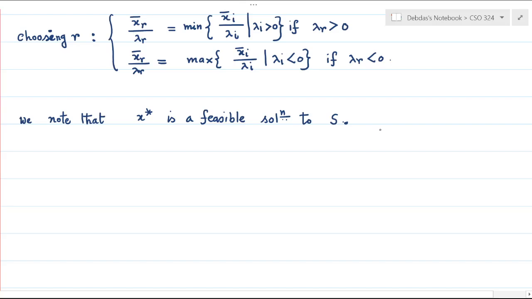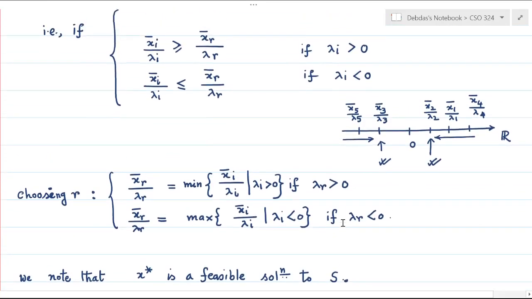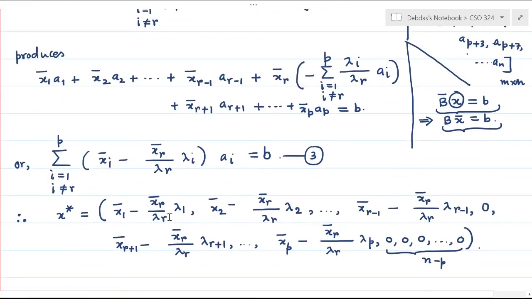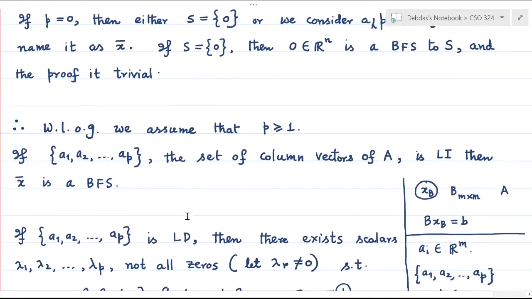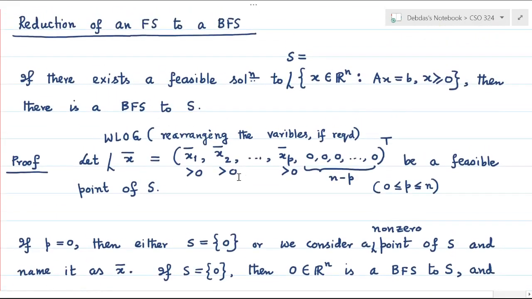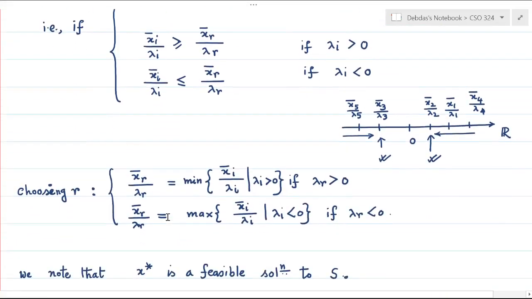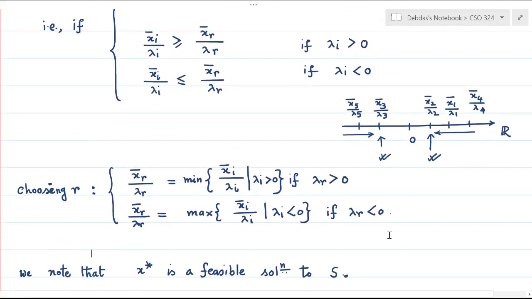Now, here you notice that the difference between X bar and X star is that in X bar you have P many non-zero components. However, in X star you have P minus 1 many non-zero components.